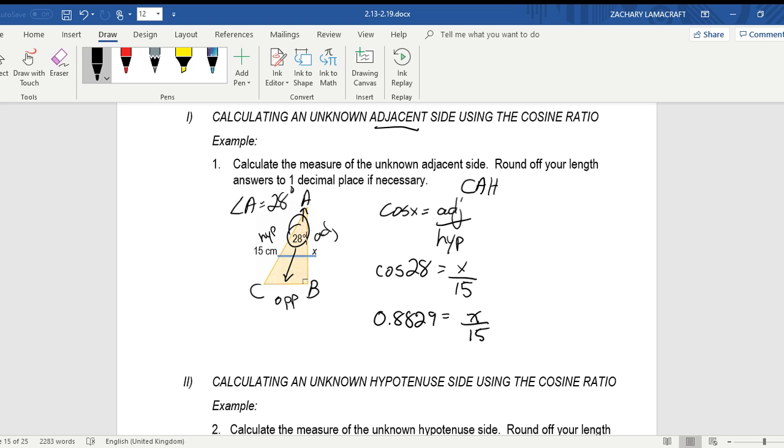And our job now is to make sure that we get x by itself. And to do that, we need to keep it on its own side and get rid of this 15. So since it's division on one side, to bring it over to the other, it is multiplication. And that is going to be part of the cross multiplication that we looked at many times. So 0.8829 multiplied by 15 will give us the answer of x.